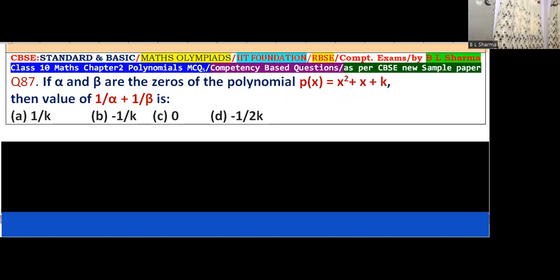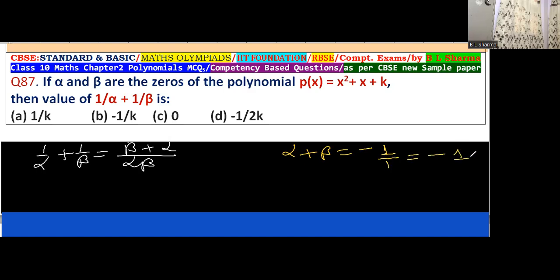We can write 1 upon alpha plus 1 upon beta, taking alpha beta as LCM, that is beta plus alpha upon alpha beta. We know that alpha plus beta, means sum of zeros, is given by minus b upon a, means minus the coefficient of x, that is 1, and a is also 1, so alpha plus beta is minus 1.